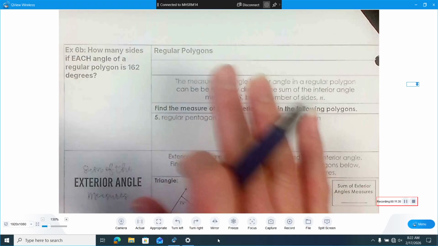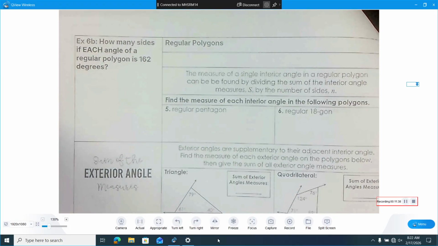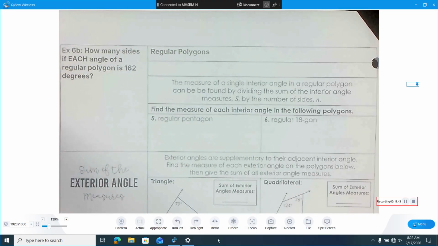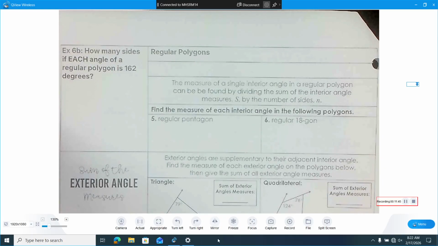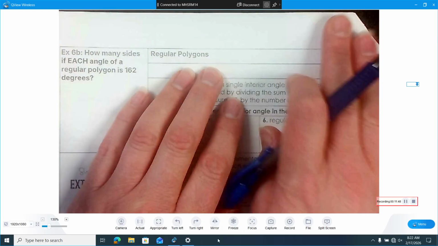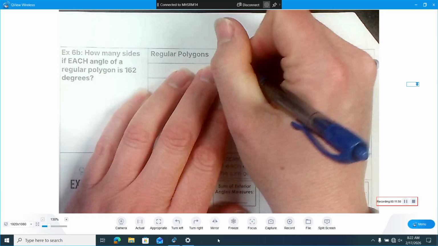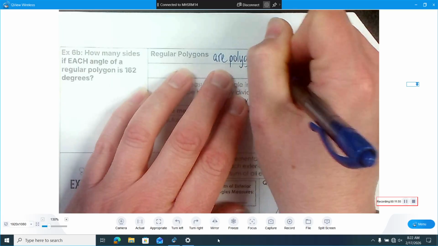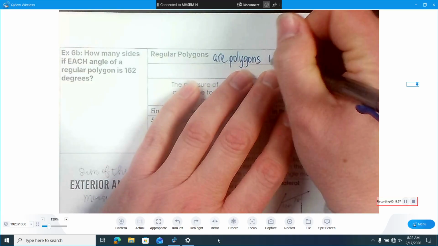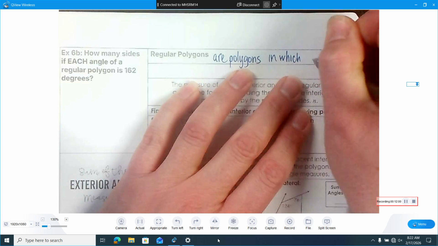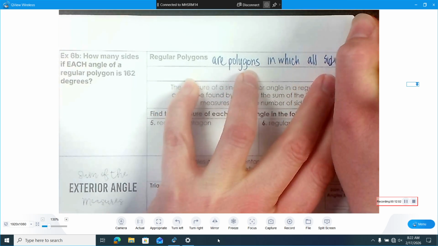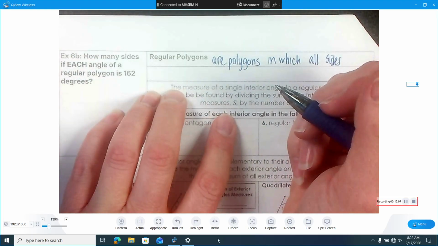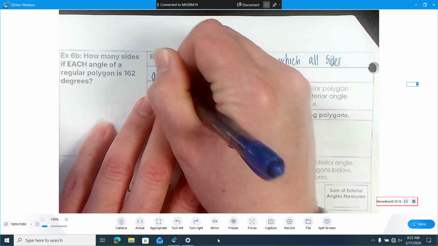All right. Here we have regular polygons. We're going to talk about regular polygons. So we were talking about general polygons that just have any amount of sides we want. But regular polygons are polygons in which all sides are congruent.